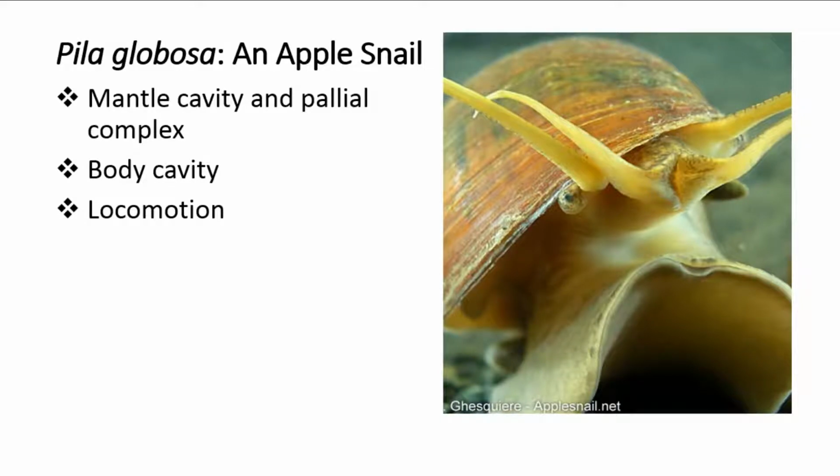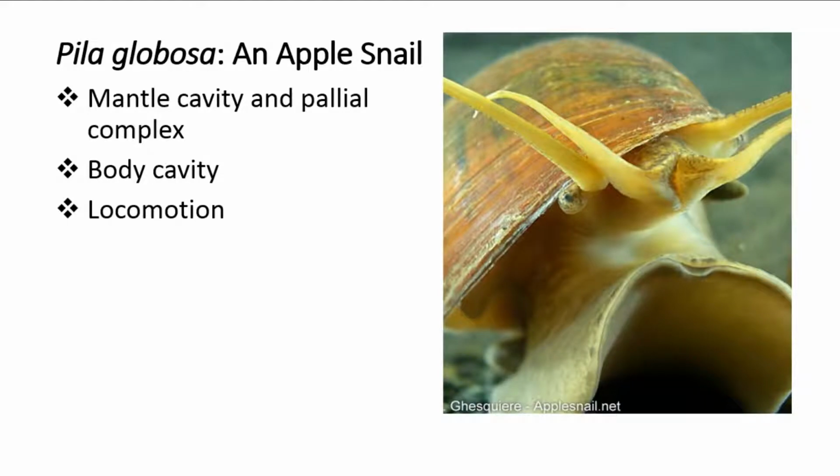In between the first pair of tentacles is a vertical slit-like aperture. You can see the notch there, the vertical slit-like aperture, which is nothing but the mouth.